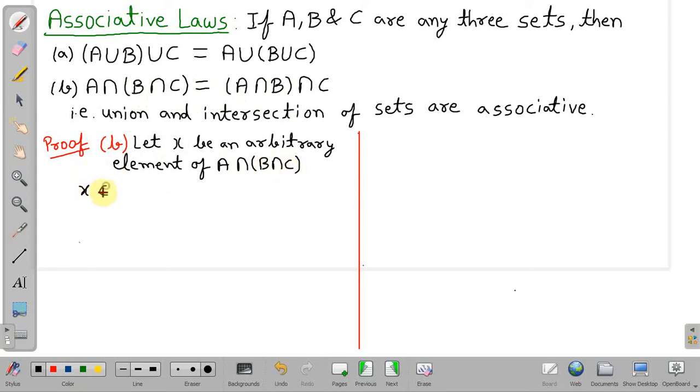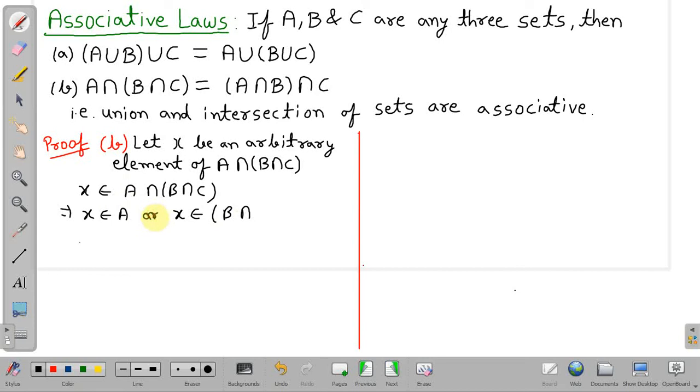So x is an element of (A intersection B) intersection C, and this we can write as x is an element of set A, or x is an element of B intersection C. Sorry, this will not be or.